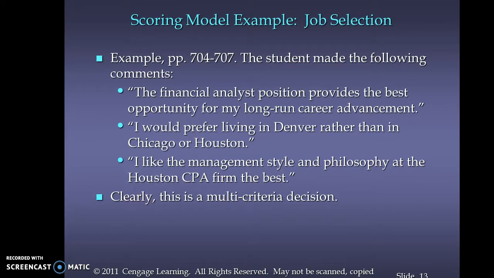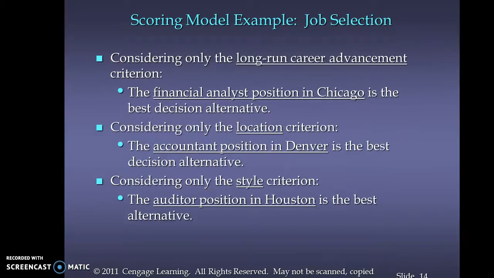In the text, there was an example given starting at page 707 with regard to choosing a job, and what the student would do with regard to having those options.